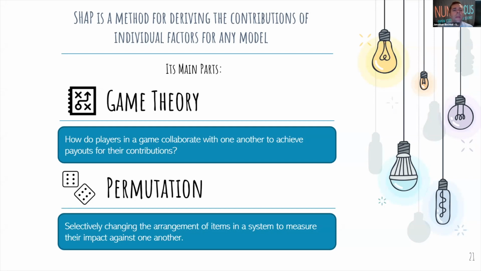When you're computing a Shap value, there are really two fundamental theorems or ideas powering its results. One is game theory, which I think is not very intuitive.